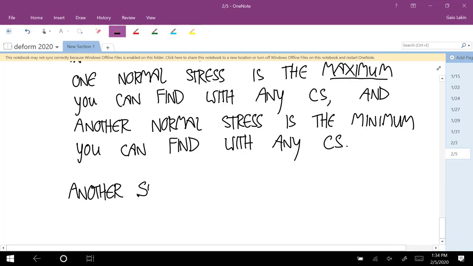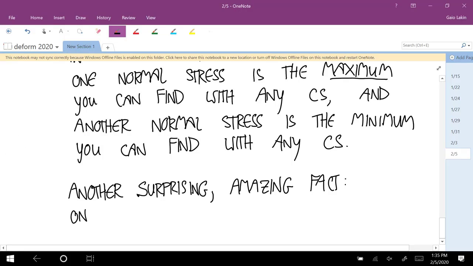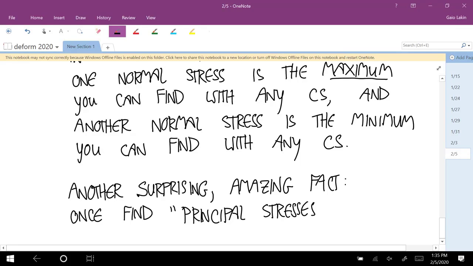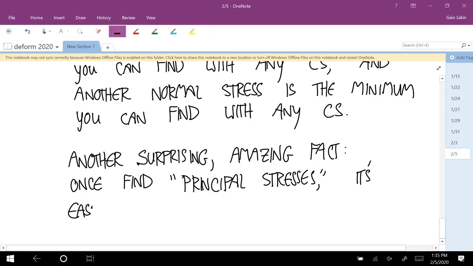Another surprising, amazing fact. Once you find those principal stresses, it's easy to calculate the maximum shear stresses that you could find with any coordinate system.